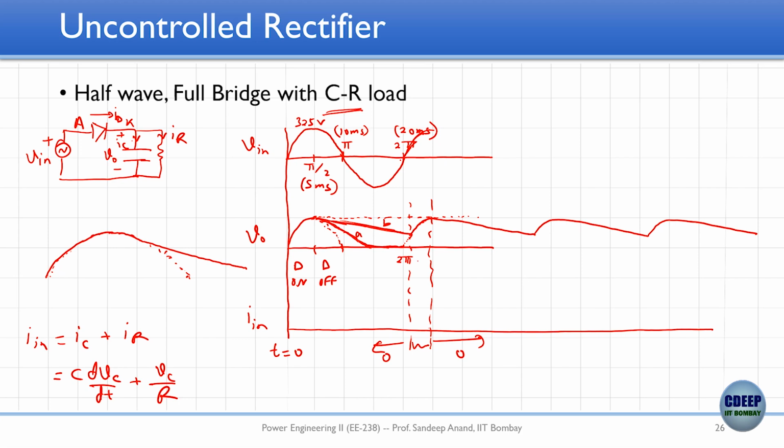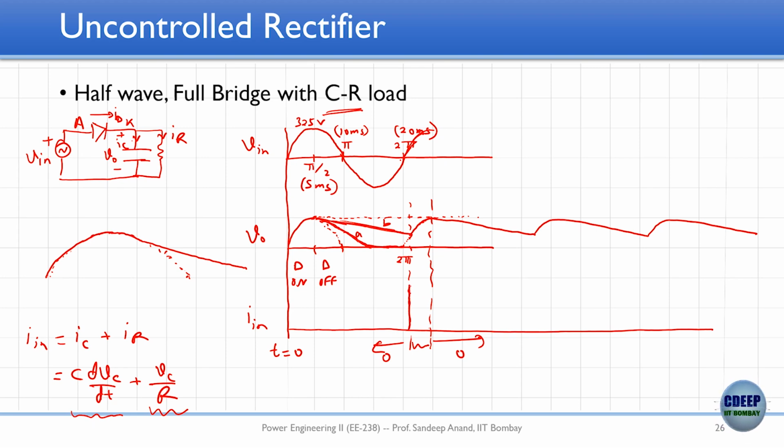So you can approximately understand and even draw the approximate waveform. There will be a Vc by R term which will be similarly shaped to the input voltage, and there will be a derivative term. In the beginning it will start from here, there is a large slope, so this value may be there, and suddenly the current will go up.